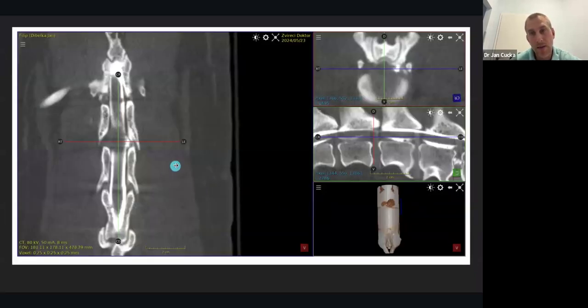There is another view. You can see the ventral aspect of the spine. So once more, the line of the myelo. This is cranial, this is caudal, and it is going from the cranial part, and in this vertebral space, the line is missing here. Everything is missing because it's covered by this material here.